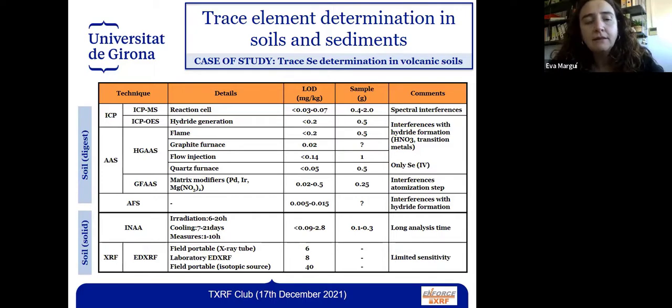I realized that the most commonly used were atomic spectroscopy techniques with previous sample treatment. I also found some papers regarding the application of conventional XRF, but as you can see in the table, in this case the limits of detection were not adequate.